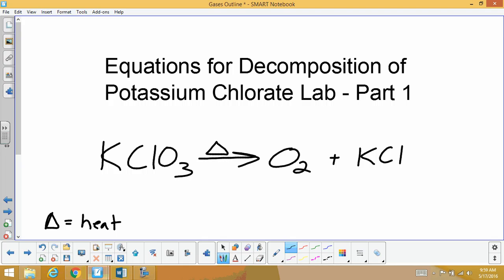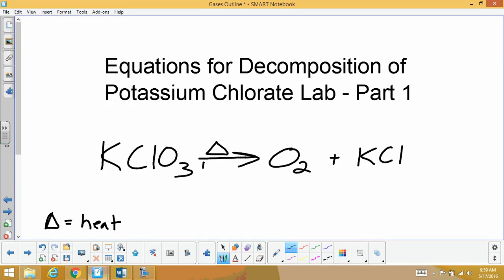Now I know some of you are also thinking, well, that's not the only thing we heated. We mixed KClO3 with manganese oxide. Well, where does that go? Well, that's actually a catalyst. And catalysts don't affect the final products. The only thing they do is lower the activation energy so the reaction happens quicker. That actually goes below the equation yield sign.